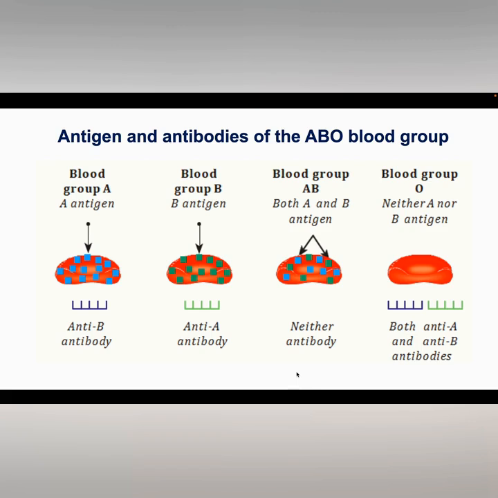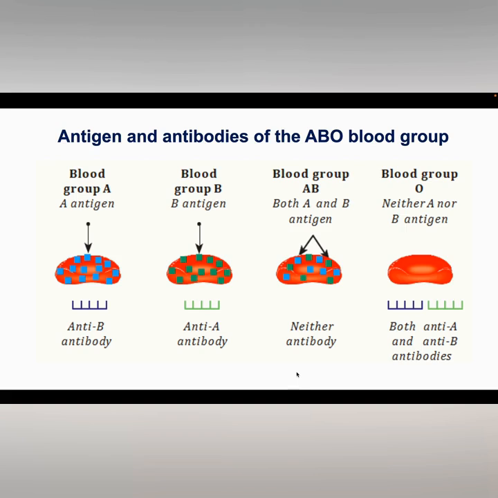Antigen A blood grouped people have antigen A on the membrane of the RBC and antibody B in the plasma. B blood grouped people have antigen B on the membrane and anti-A antibody in the plasma. AB blood grouped people have both antigen A and antigen B on the membrane.